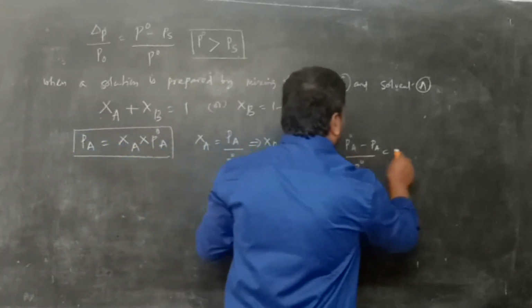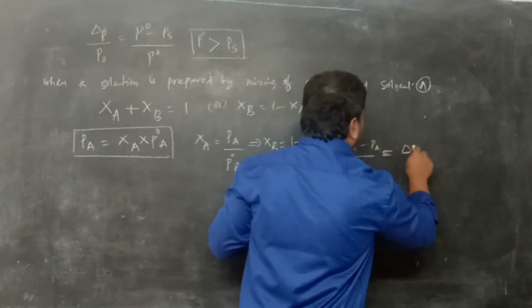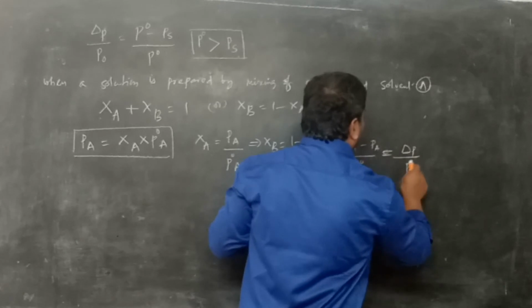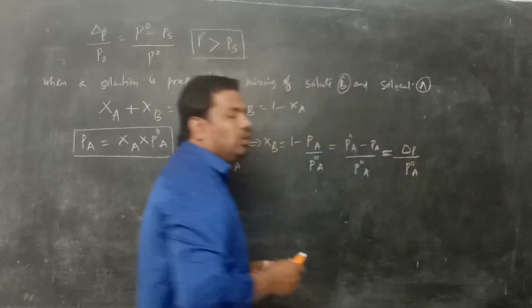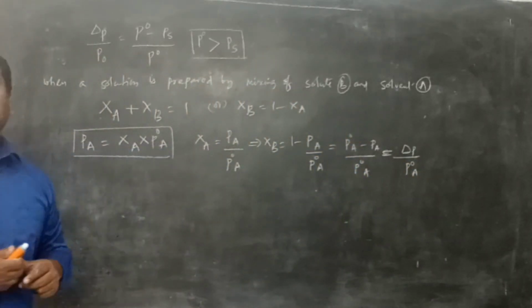So this is equal to delta P by P naught A, that is the relative lowering in vapor pressure.